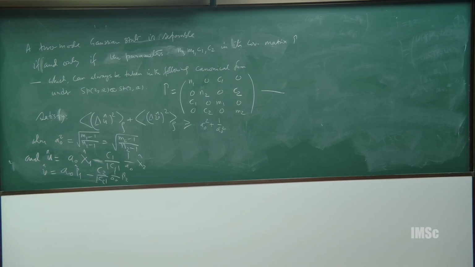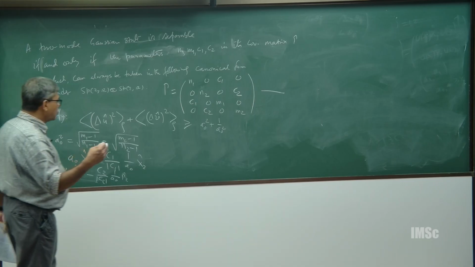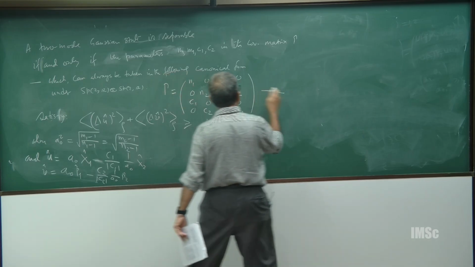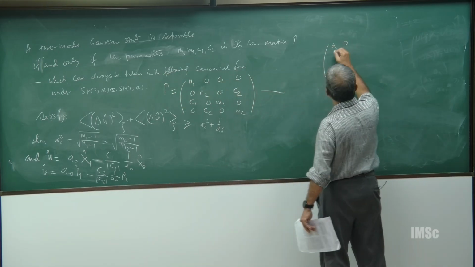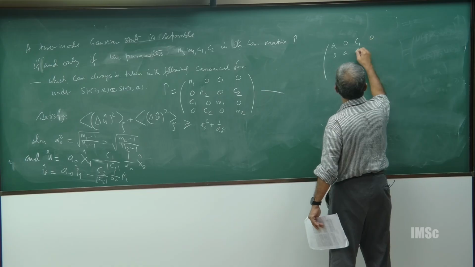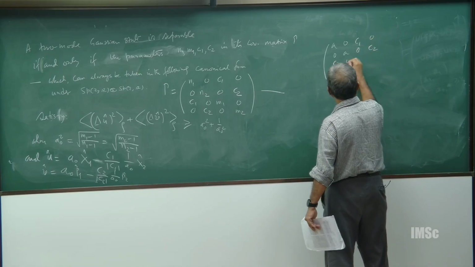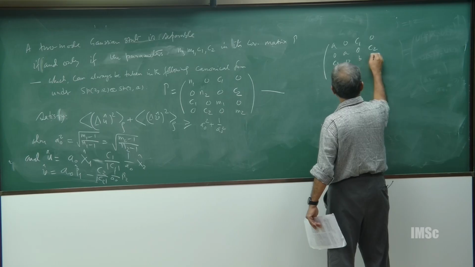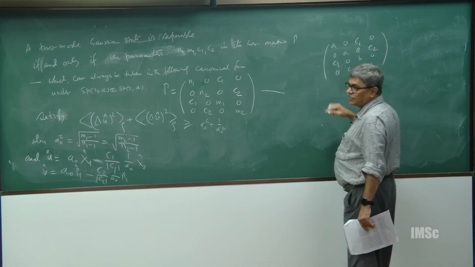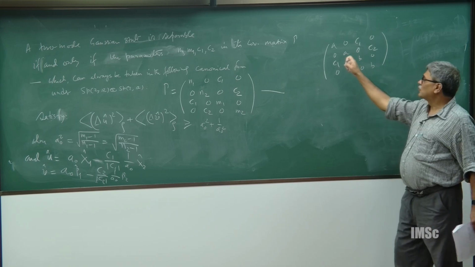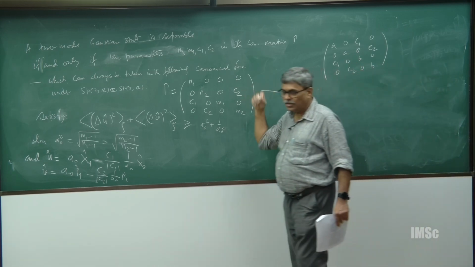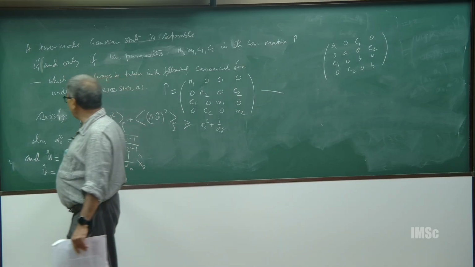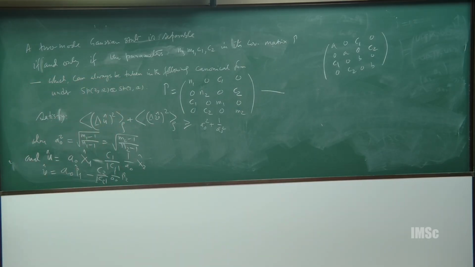So, which is basically this one. And as I told you some time back, we talked about this canonical form A 0 0 A C 1 0 0 C 2 C 1 0 0 C 2, then B 0 0 B. In fact, you can do again some squeezing etcetera to bring it in this form. Okay. So, their result is in this canonical form, but anyway.